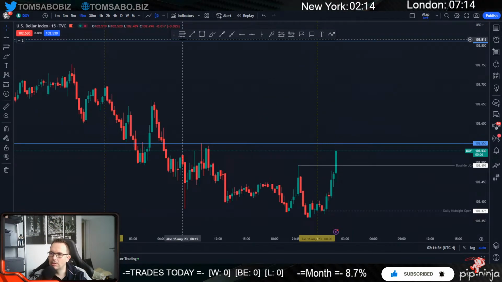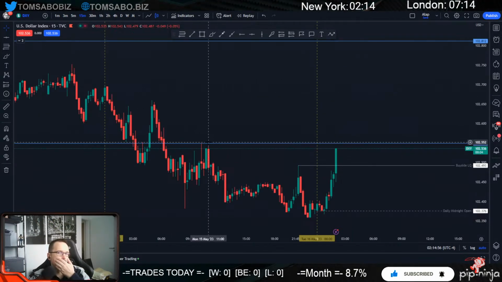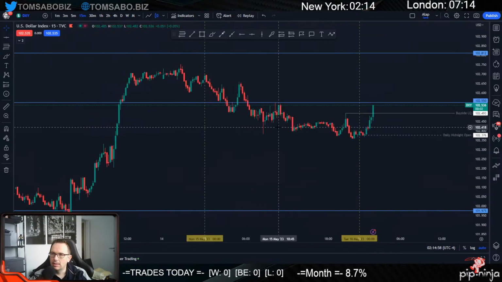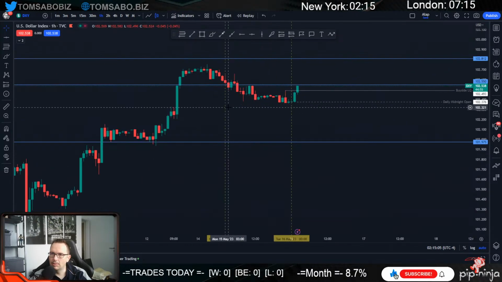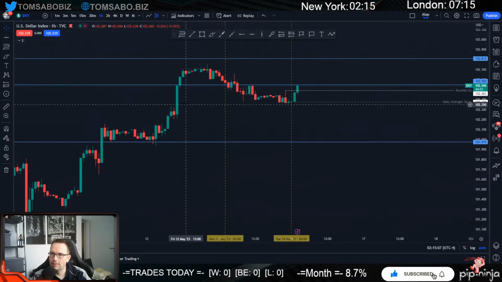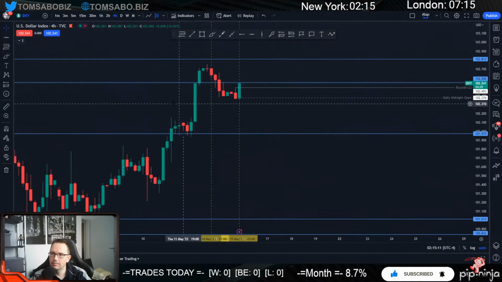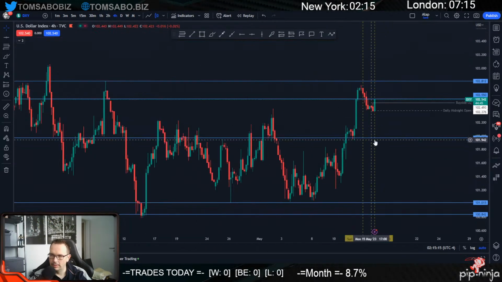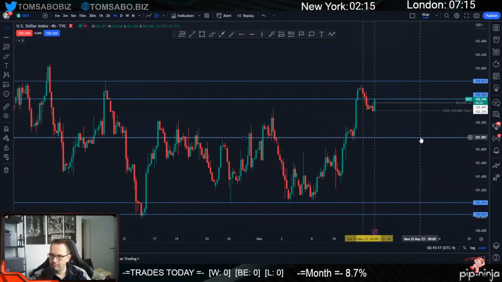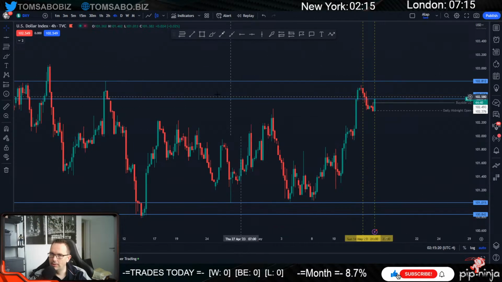The dollar index is still getting stronger. This is going to take out this buy side here. If it takes out that buy side, what do we have on the dollar index? I'm going to delete this for now.